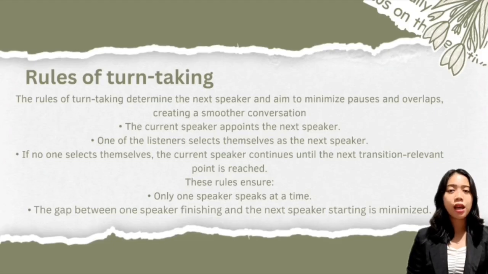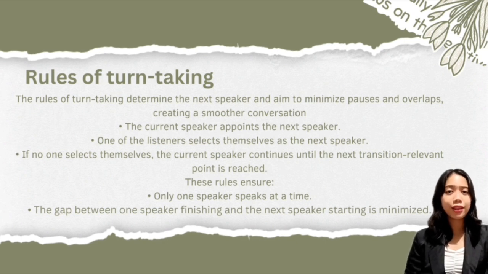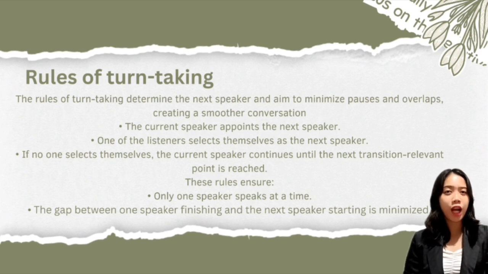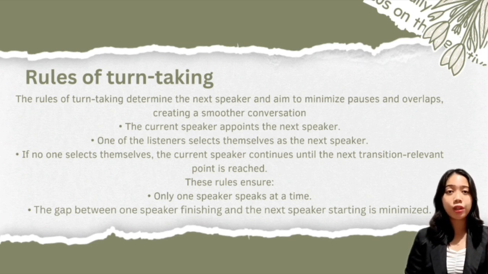Lastly, the next component of turn taking is the rules of turn taking. The rules of turn taking determine the next speaker and aim to minimize pauses and overlaps, creating a smoother conversation. First, the current speaker appoints the next speaker. Second, one of the listeners selects themselves as the next speaker.